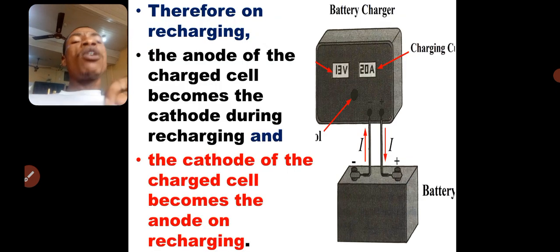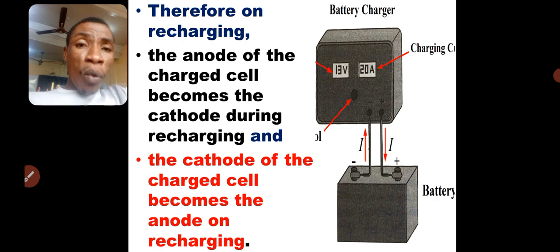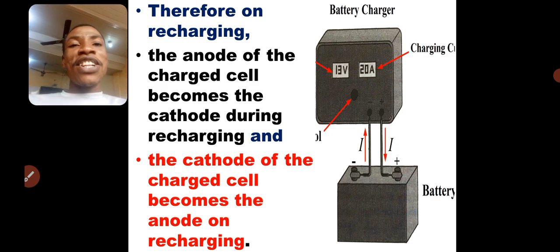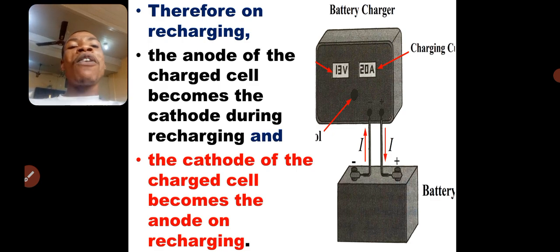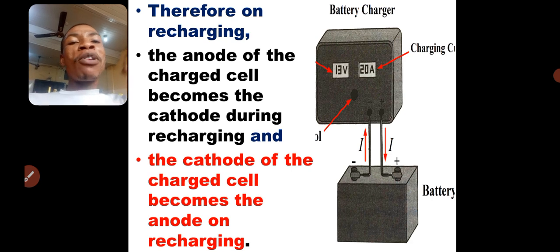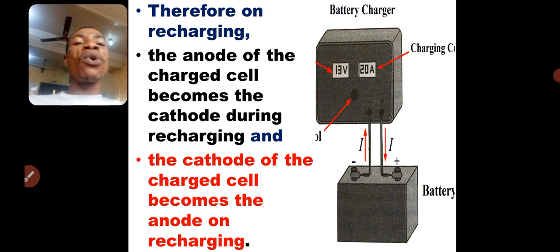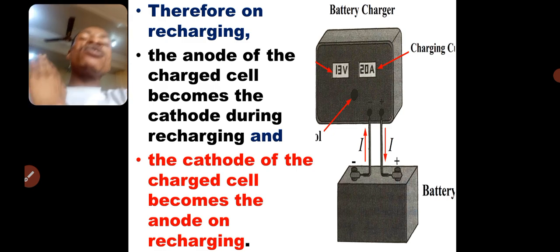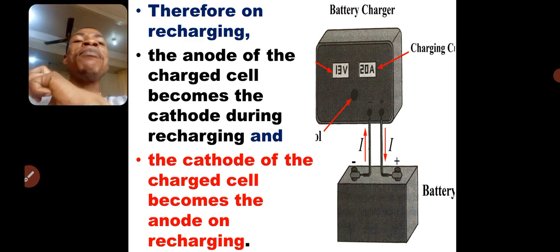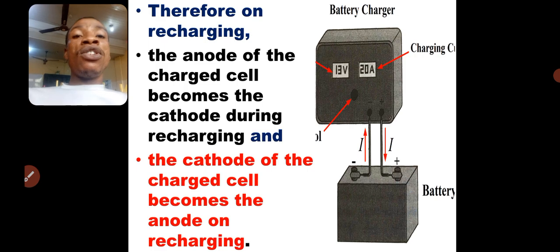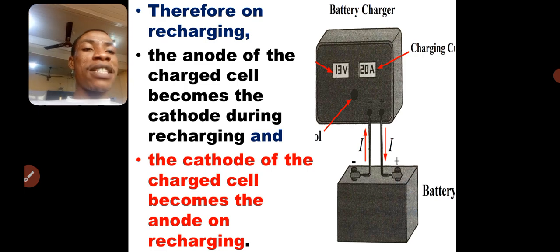So because of that, the anode of the charged cell becomes the cathode when you are recharging it, and the cathode of the charged cell now becomes the anode when you are recharging it. So the reverse of what happens during the discharging process will also happen during the recharging process.